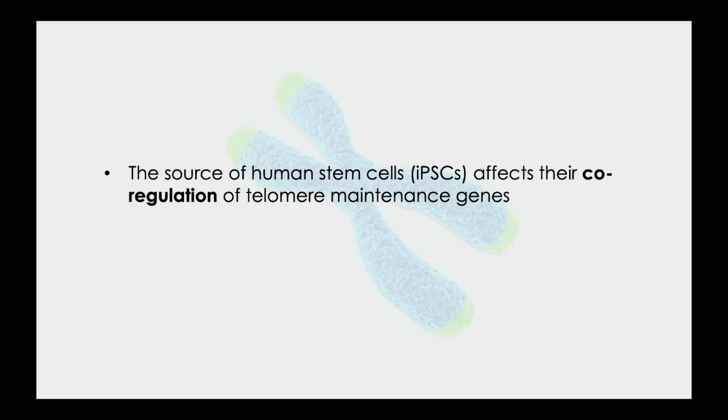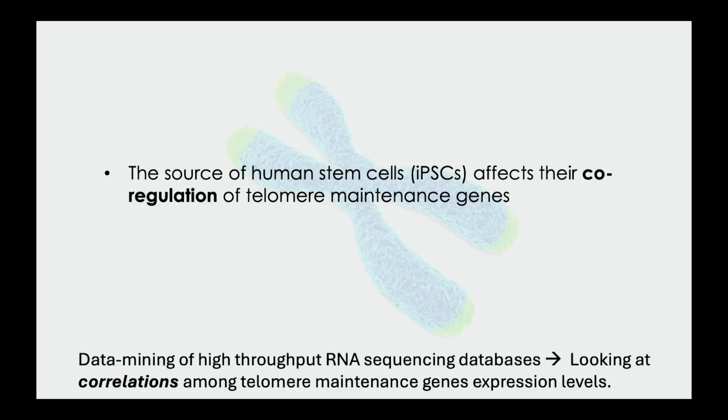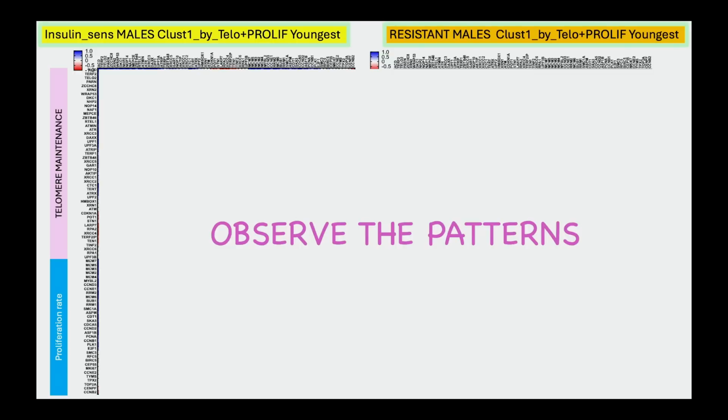So let's look at the source of the stem cells, in this case people who are insulin sensitive versus insulin resistant. Data mining, as I said. Look at the patterns. There'll be telomere genes up the top, proliferation genes down the bottom, and across the top is the same genes, and then we look at the 2D heat map.